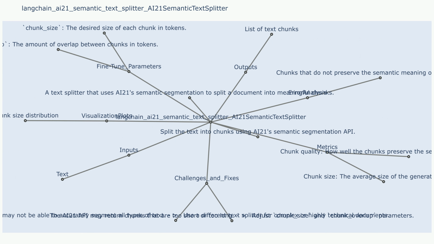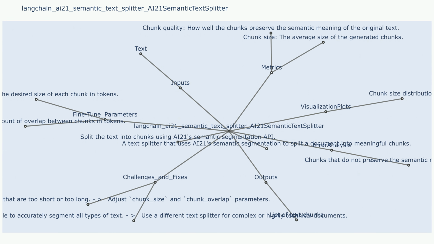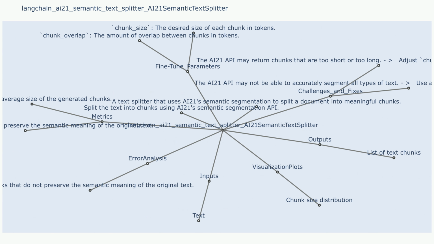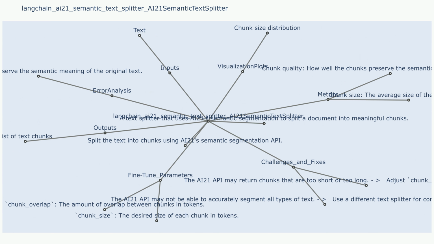Metrics: semantic coherence: the quality of the semantic segmentation is crucial, as it directly impacts the coherence of the generated chunks. Metrics like perplexity or coherence scores can be used to assess how well the splitter preserves semantic meaning within chunks. Chunk size consistency: it's important to ensure that the generated chunks are relatively consistent in size, especially for downstream tasks that require uniform input.